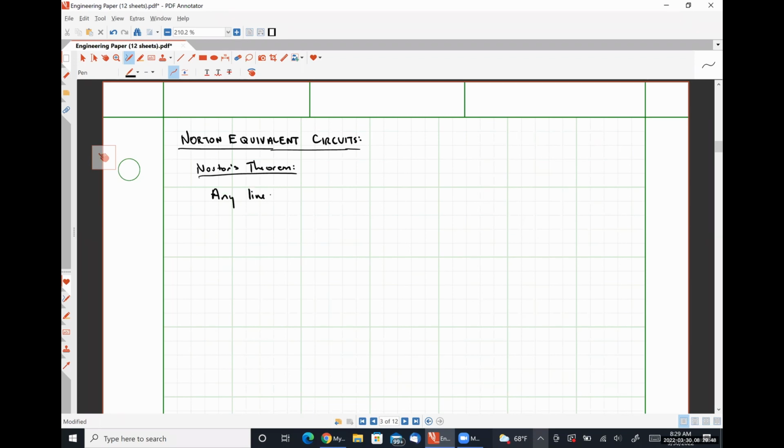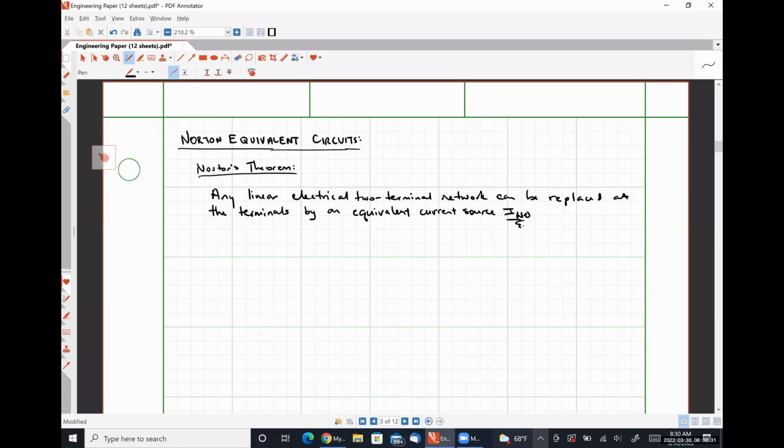Norton's theorem says any linear electrical two-terminal network can be replaced at the terminals by an equivalent current source I Norton in parallel with an equivalent resistance R Norton.